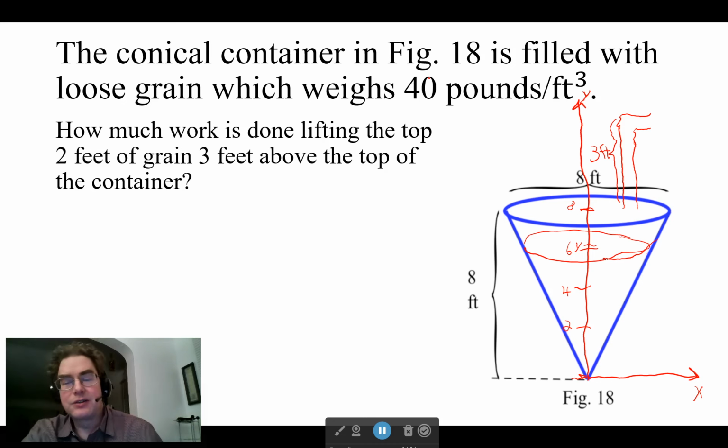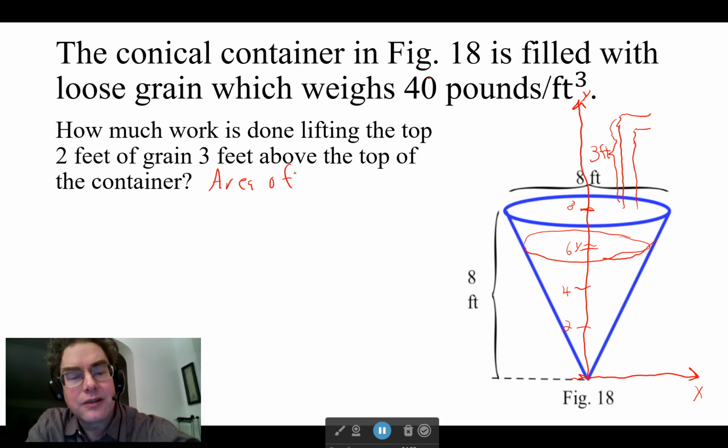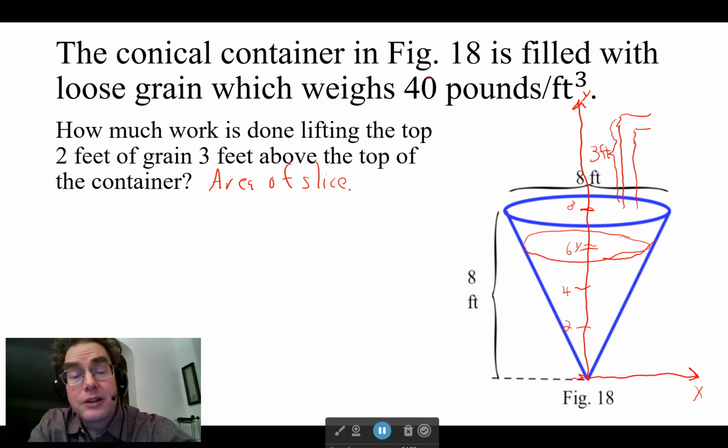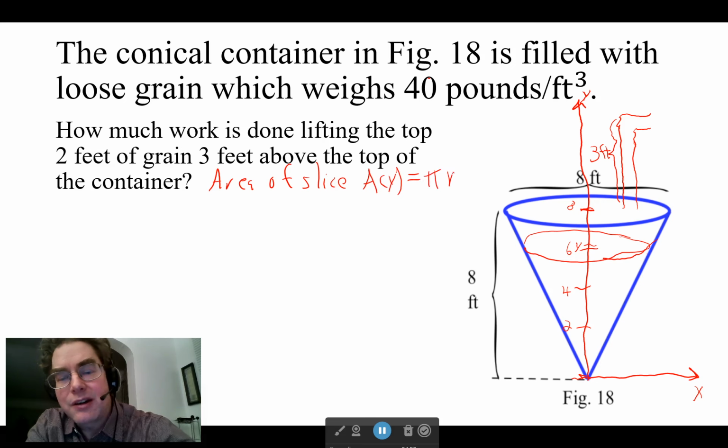So we've got to take a look at the area of this slice. That's going to be A of y. Of course, we want to thicken that up to a volume. We know that the area of the slice is going to be A of y. We can also see that that slice is circular, so we know that it's going to be pi times r of y squared.